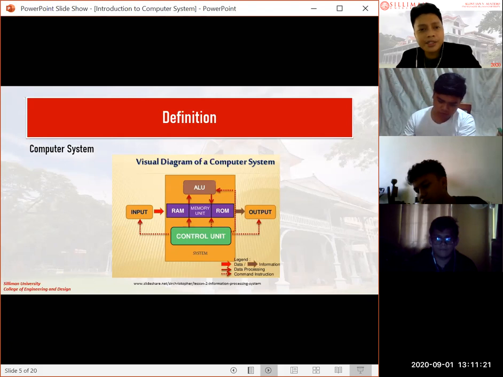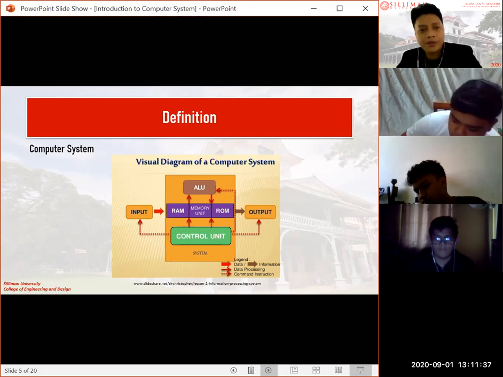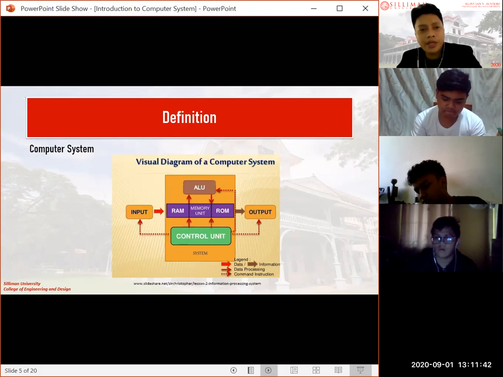Then it is processed in the system, which has several components, including a control unit, which controls everything from storage to the ALU, the arithmetic logic unit. The computer then stores it in RAM, cache or ROM, then eventually processes it in the ALU, where it is processed either arithmetically or logically.